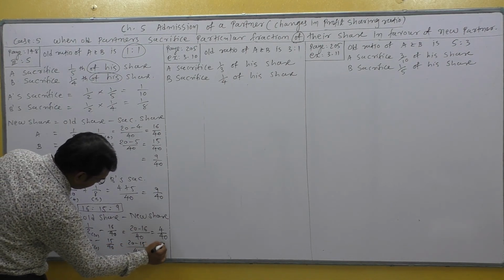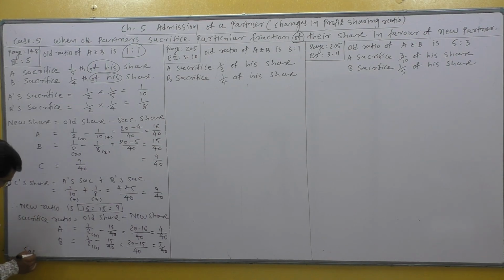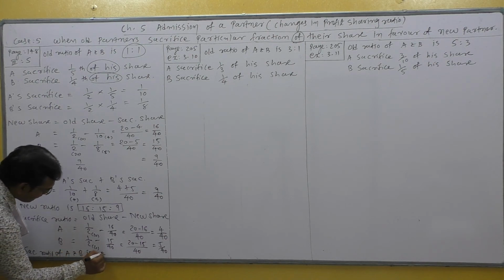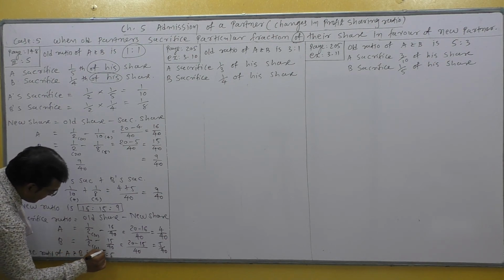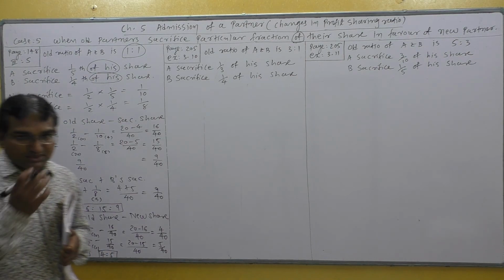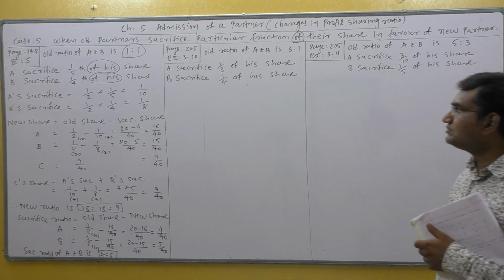So 5 by 40. So this is the sacrifice ratio. So the sacrifice ratio of A and B is 4:5. This is an extra answer, sacrifice ratio, right? Let us understand a further example of a similar case.